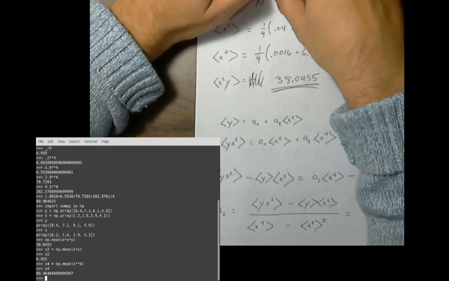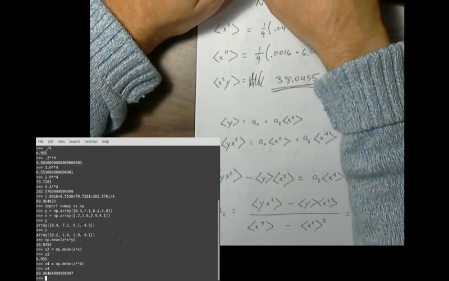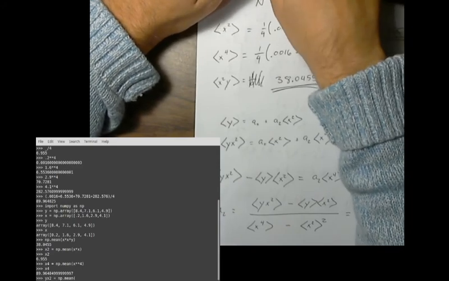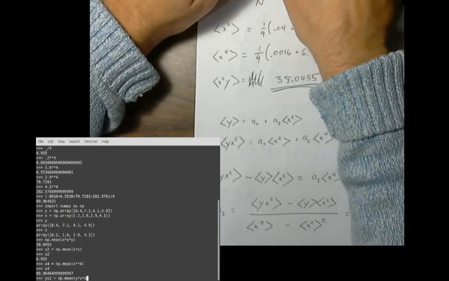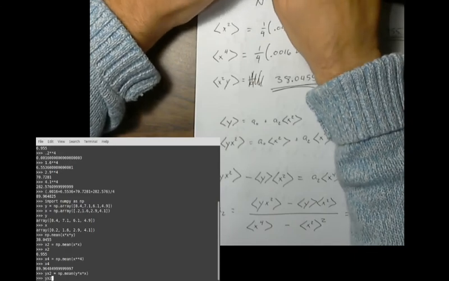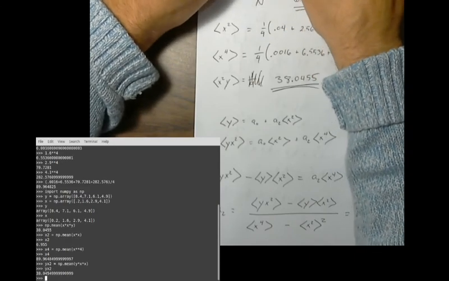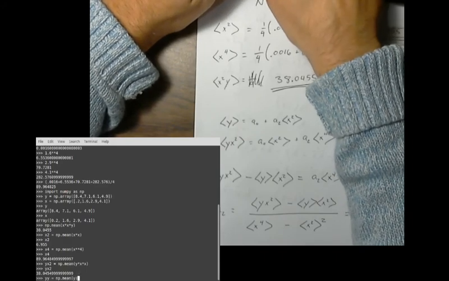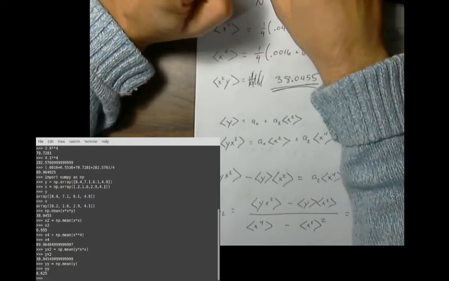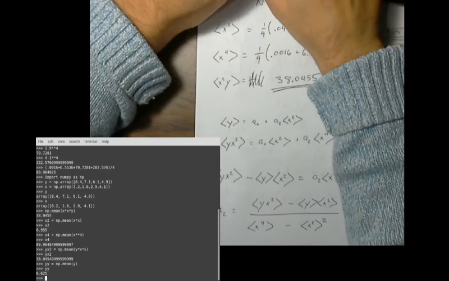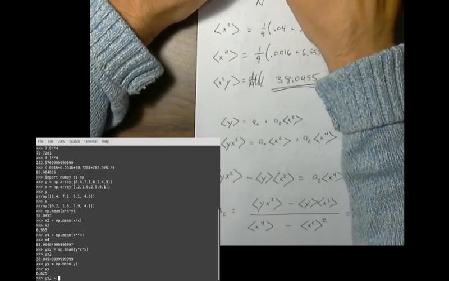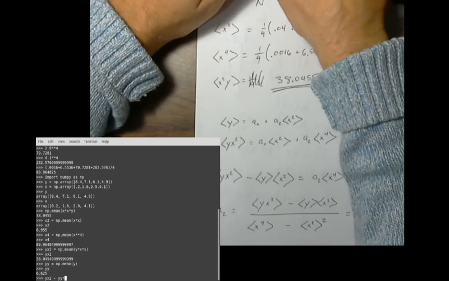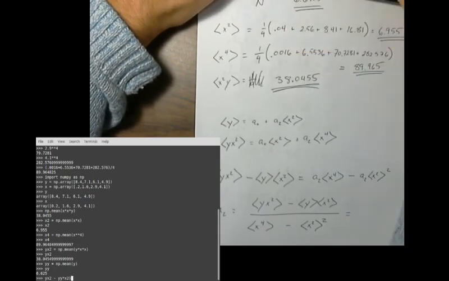Let's see, yx2. There. So now I've got a value for y. All right, so I want the expected value for yx squared minus expected value for y times expected value for x squared.